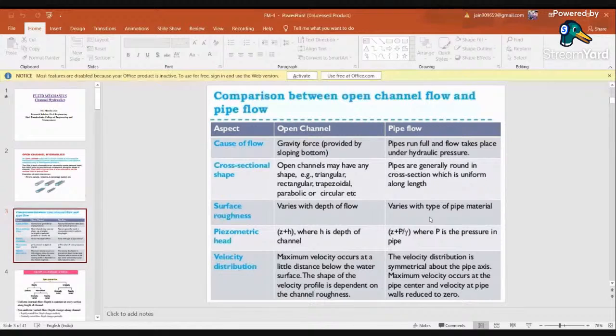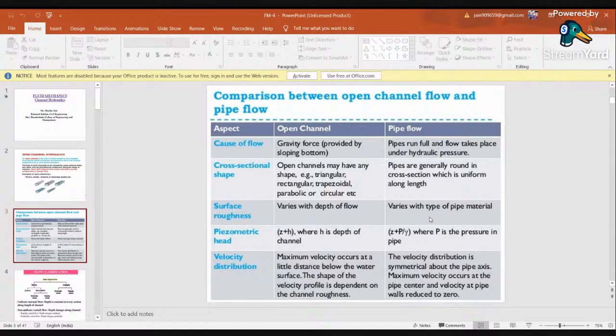Here in an open channel, the depth of flow, discharge and slope values may vary along the free surface because they are interdependent. If the depth changes, the discharge will change, the slope will change, and everything will change. But in a pipe network there is no such dependency because pipe networks are generally uniform in dimensions.